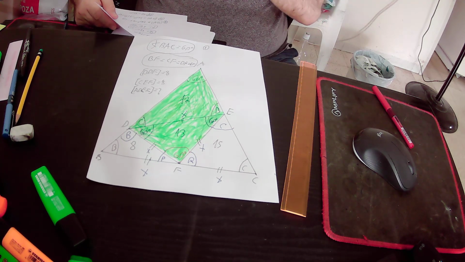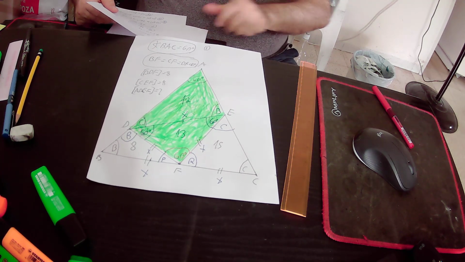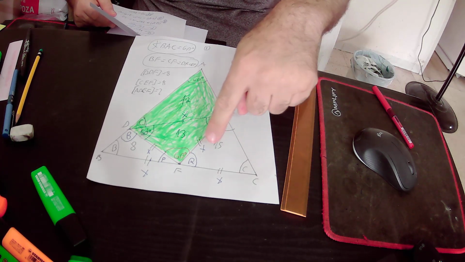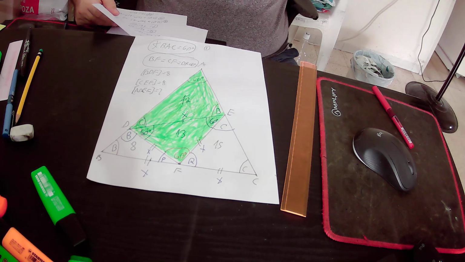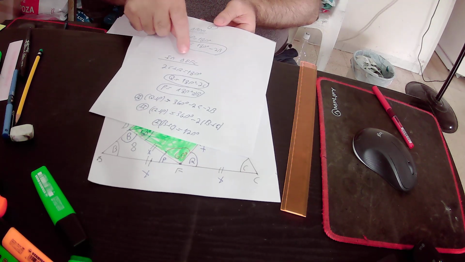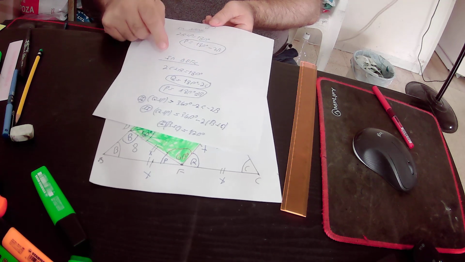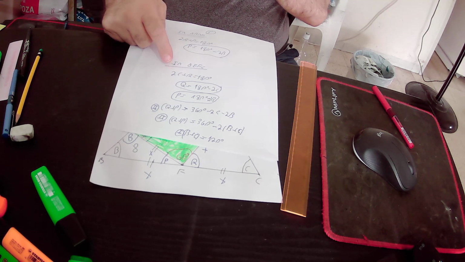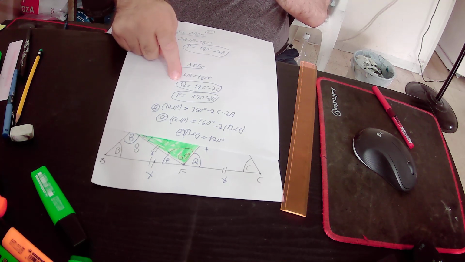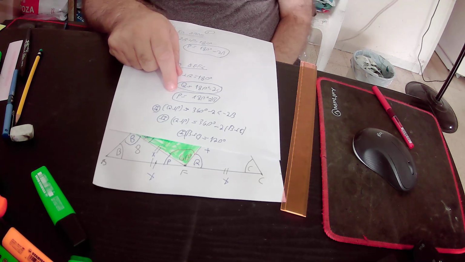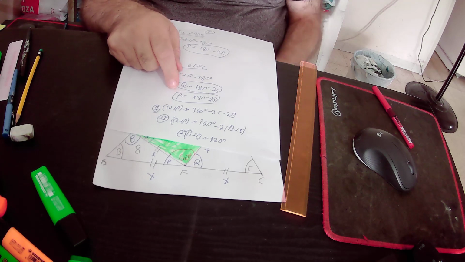The sum of its angles is equal to 180 degrees, so C plus Q equals 180 degrees, or 2C plus Q equals 180 degrees. So we subtracted 2C from this equality and we got that Q equals 180 degrees minus 2C, and we have already found out that P equals 180 degrees minus 2B.